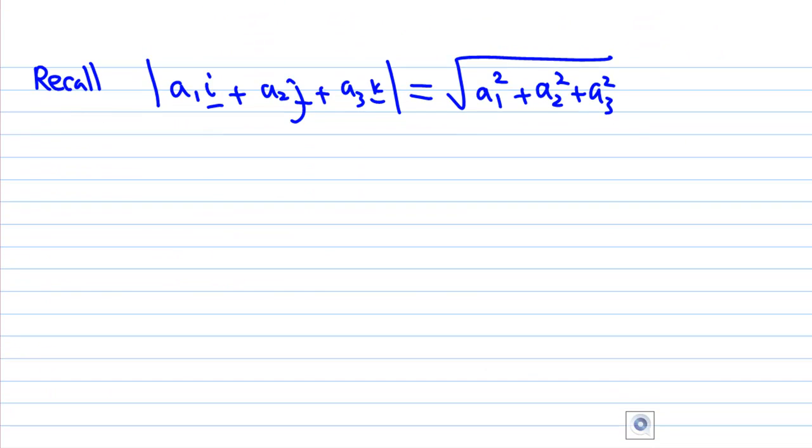Recall that the magnitude of a1i plus a2j plus a3k is equal to the square root of a1 square plus a2 square plus a3 square.